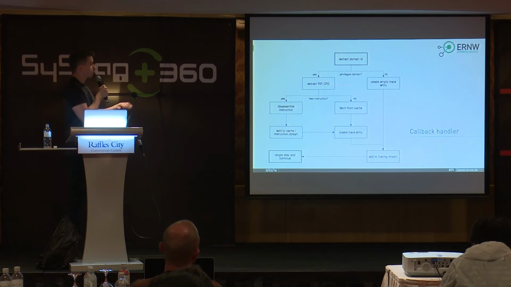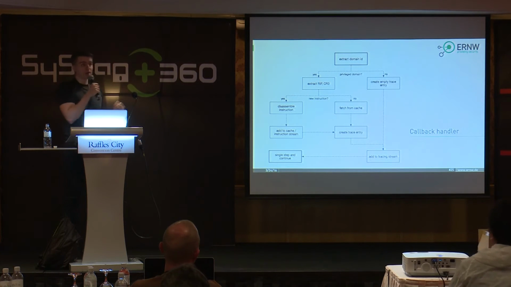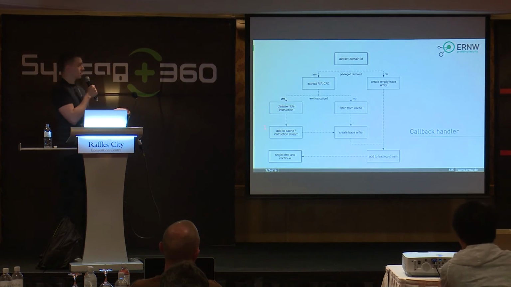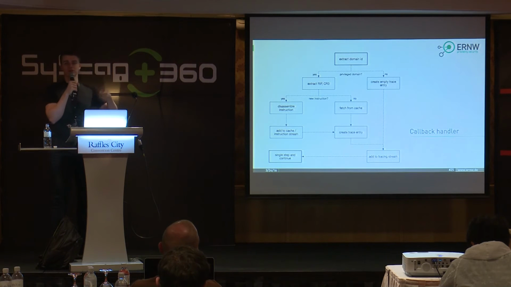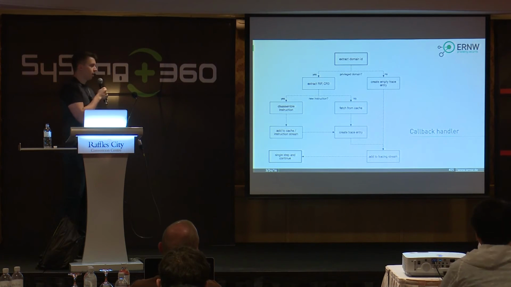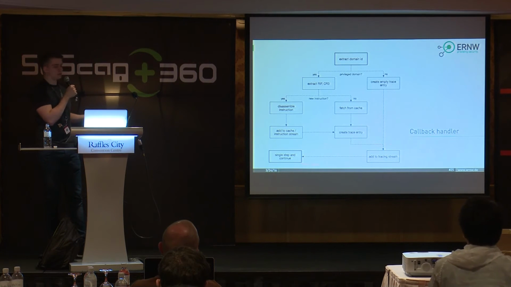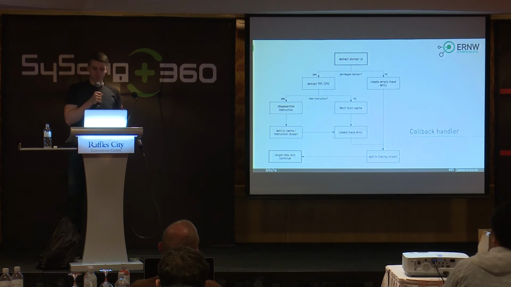If that's the case, we extract the instruction pointer and page table values, and disassemble the instruction. If we have never seen it before, we use Capstone for disassembling, but we only want to disassemble unique instructions a single time. You will see one instruction that's responsible for probably 10 million memory accesses. You don't want to disassemble that every time, so we have an instruction cache. Then we create a trace entry and store that in our trace storage.